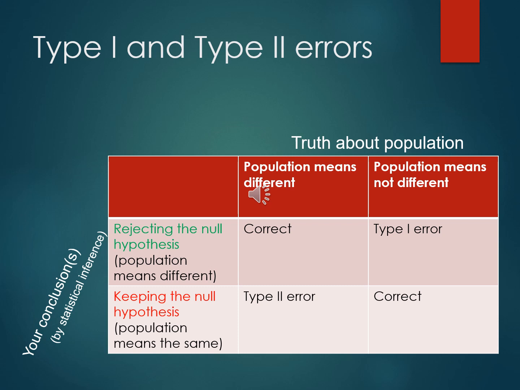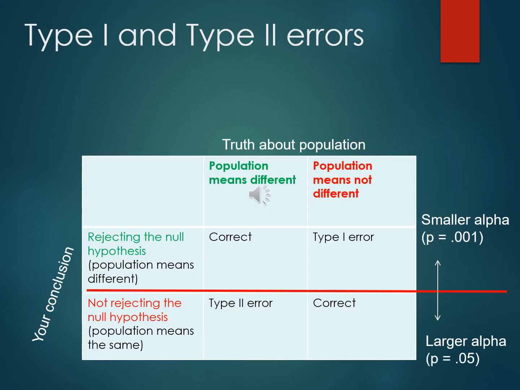The bottom is keeping the null hypothesis, declaring that two population means are the same. When population means are actually different and you reject the null hypothesis, or when they are not different and you keep the null hypothesis, that's correct. However, type 1 error happens when the population means are actually not different, but you reject the null. Type 2 error happens when the population means are actually different, but you fail to reject the null hypothesis.